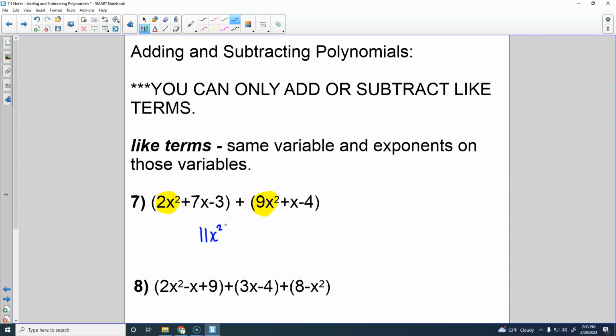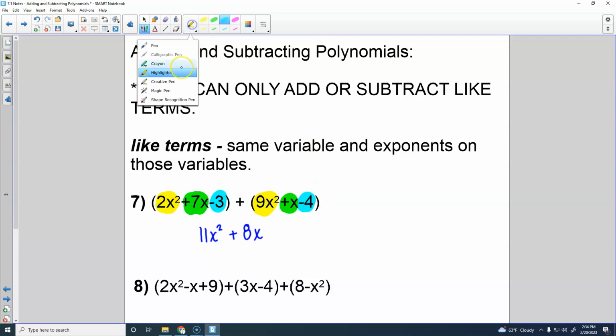We're not doing that here. Our next like terms would be the 7x and the x right here. That'll be a plus 8x, perfect. And then last one, -3 and -4, we'll have a -7.